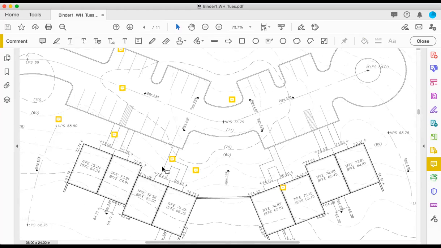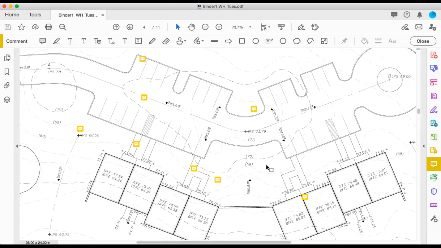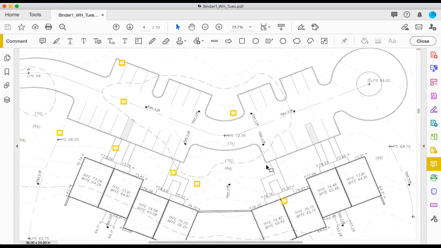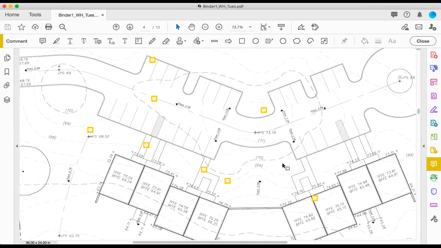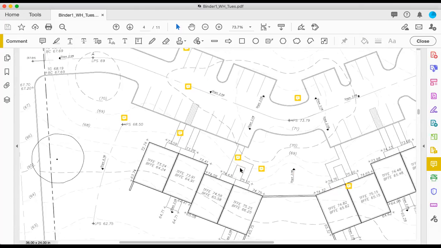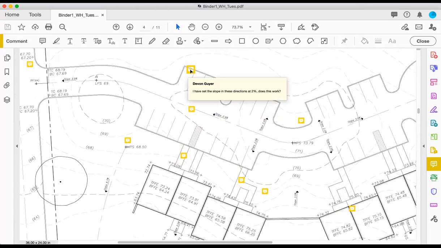So you have a high HPS, 4% slope, which is a little steep for a parking lot, but I don't think it's not acceptable. And this slope in these directions, I don't think you need to set a slope there.